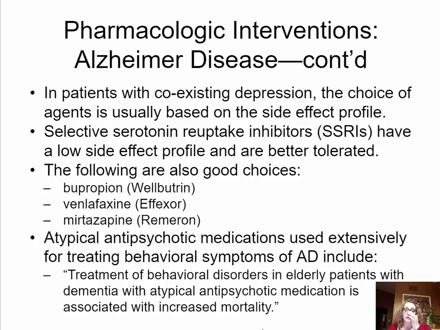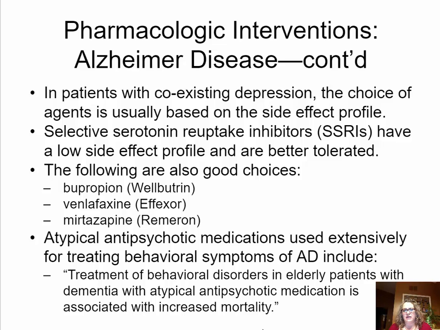Now you will see older patients with dementia who have those behaviors who are treated with antipsychotics despite that black box warning, and the purpose there is that sometimes the benefits outweigh the risks. So even though the patient has that increased risk of mortality, they have a better quality of life.